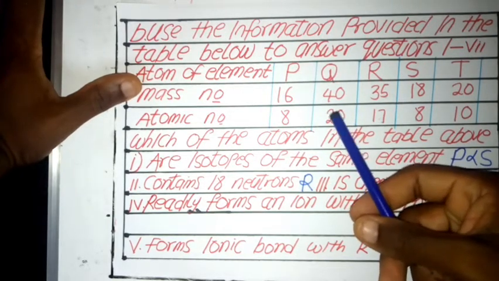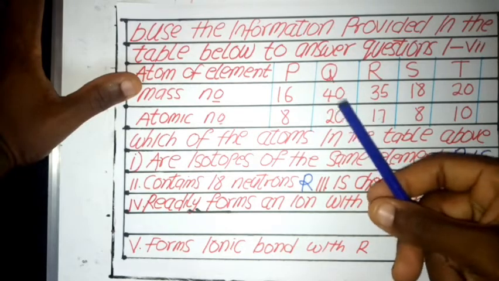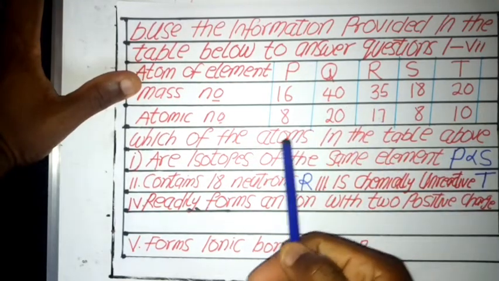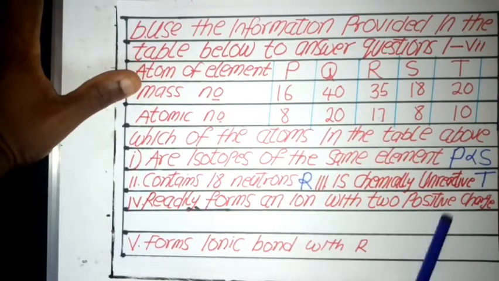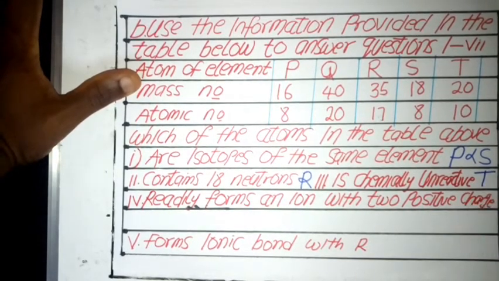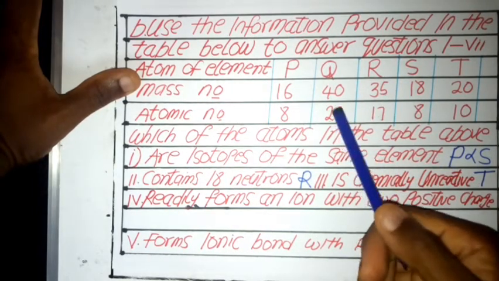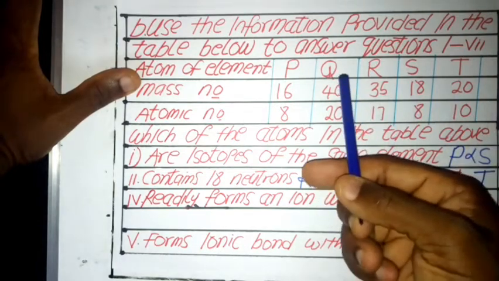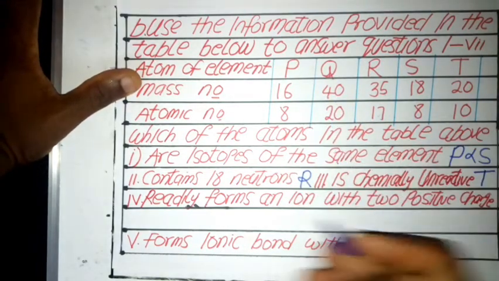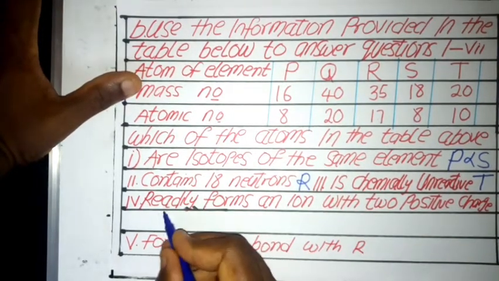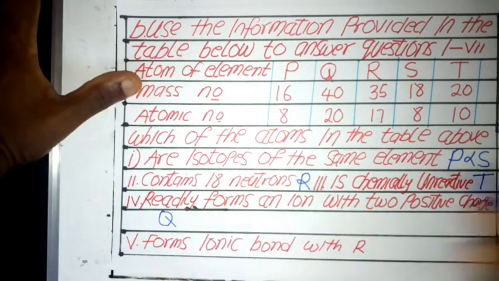Calcium is in group 2, and so calcium will form an ion with 2 positive charge. Remember, positive. If it were to be negative, then it would have to be oxygen. But they said 2 positive charge. That should be Q. Q is calcium. I'm going to put Q.